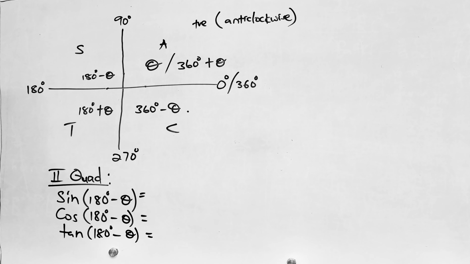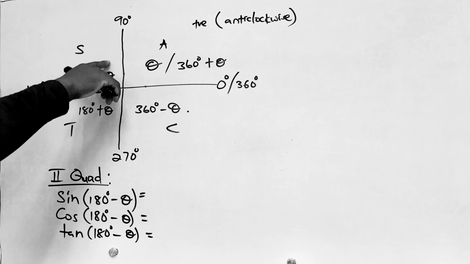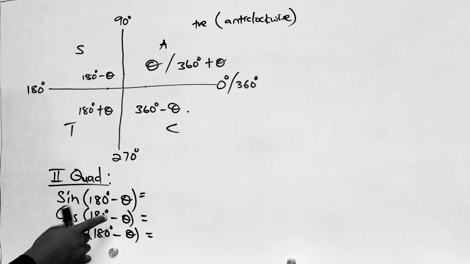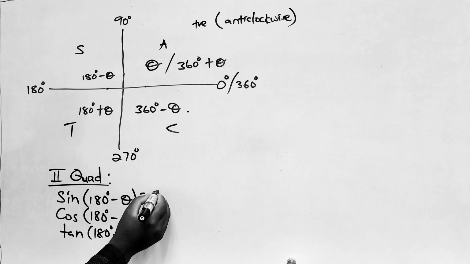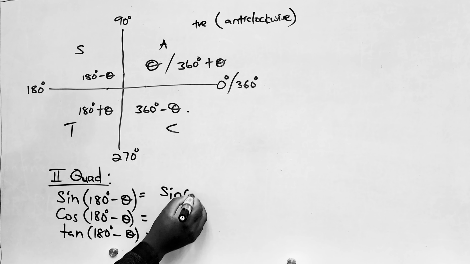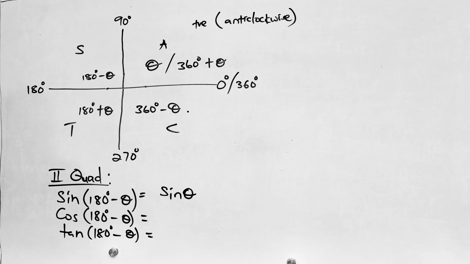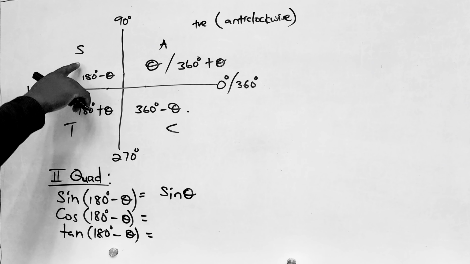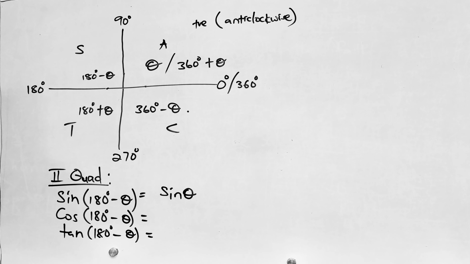So what we need to do here, we check whether sine is positive or negative in that quadrant. Sine is positive, so this reduces to positive sine theta. Then here is for cos. Cos in the second quadrant is negative, so it reduces to negative cos theta. Then tan reduces to negative tan theta.